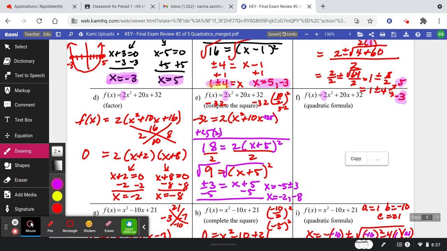Okay, last but not least, the full formula. You get A, B, and C, and we go plug in. Negative B plus or minus square root of B squared minus 4 times A times C all over 2A.